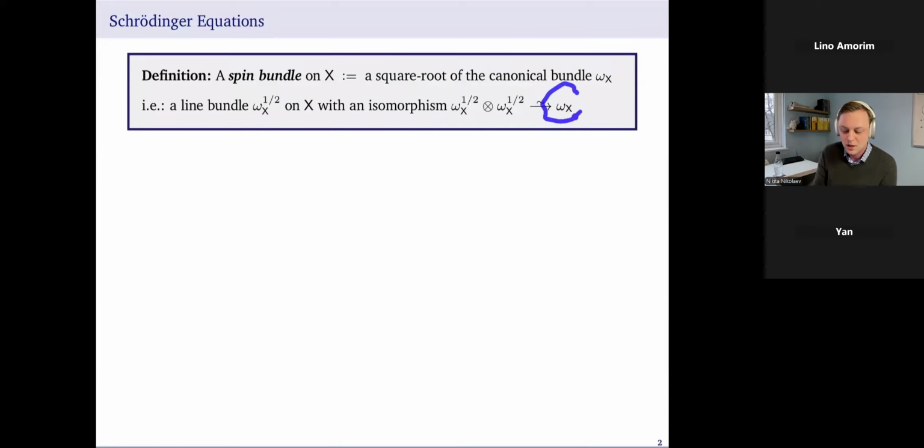So the line bundle whose square root I'm trying to take must have even degree. And one thing that we do know about the canonical bundle is that it does have even degree. It's 2 minus 2g. So these square roots exist. They're not unique, but there's always a finite number of them.